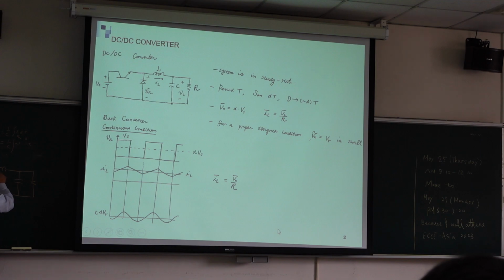Now I want to discuss VL. VL is equal to L di_L/dt, right? So di_L/dt is equal to VL divided by L. Then IL is the initial value plus the integral of VL/L dt.